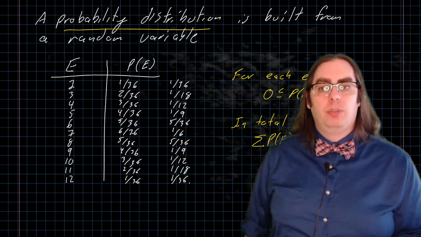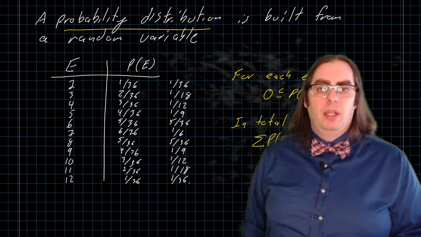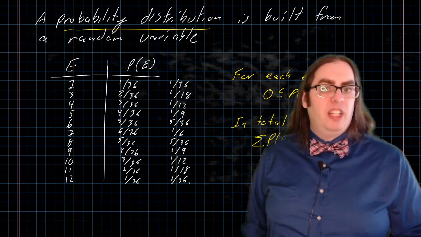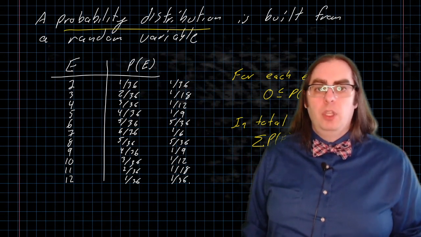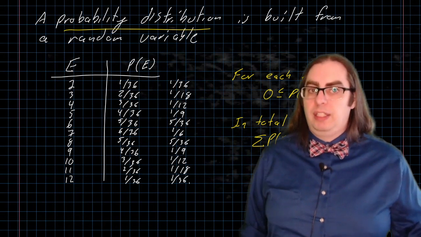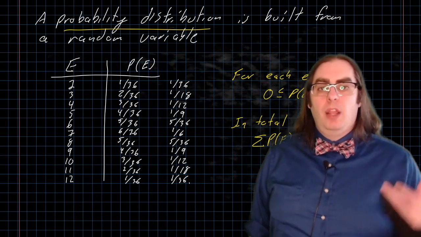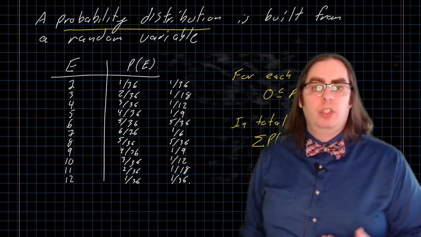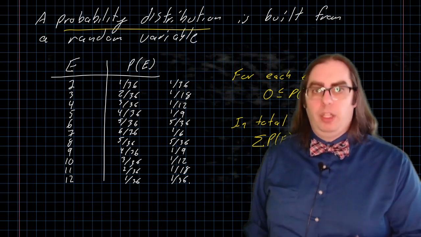One of the takeaways for that: you cannot have a probability distribution where you have unrelated kinds of events. Right? In the experiment of drawing a card from a standard deck of cards, you might set up a probability distribution about drawing a heart, a diamond, a spade, or a club. You might set up a probability distribution about drawing an ace, 2, 3, 4, 5, 6, 7, 8, 9, 10, jack, queen, or king, but you could not have the event of drawing a jack and the event of drawing a heart in the same probability distribution because the jack of hearts exists and would fall into both cases.